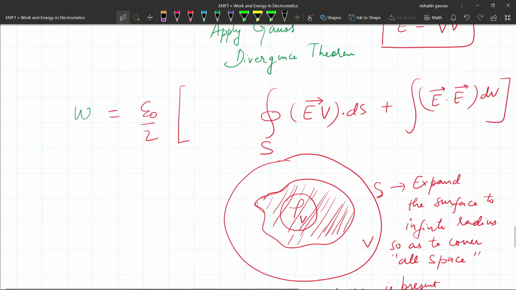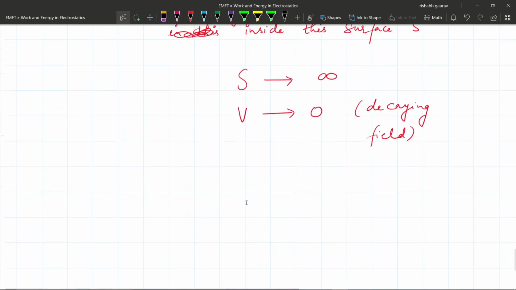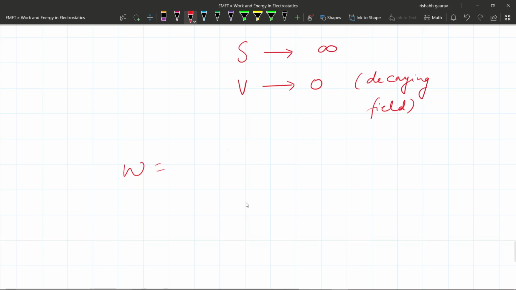Since V tends to 0 as S tends to infinity, this particular surface integral will tend towards 0. As S expands to infinity, we are left only with this volume integral. Hence we can write W equals epsilon naught by 2 integral of E dot E dV, taken over all space.